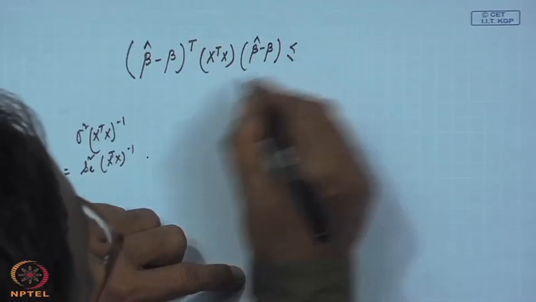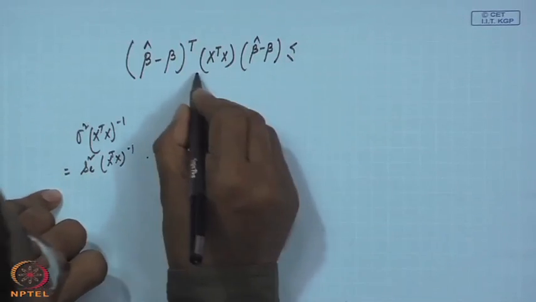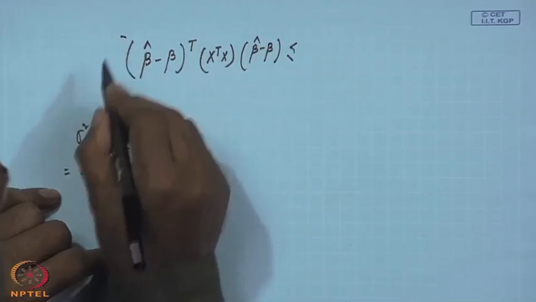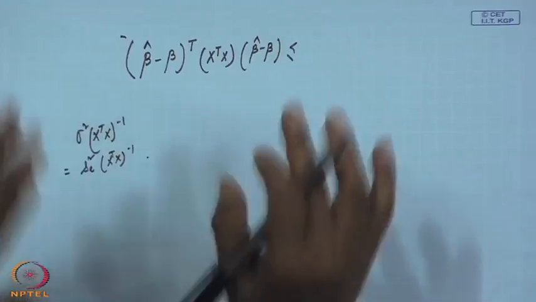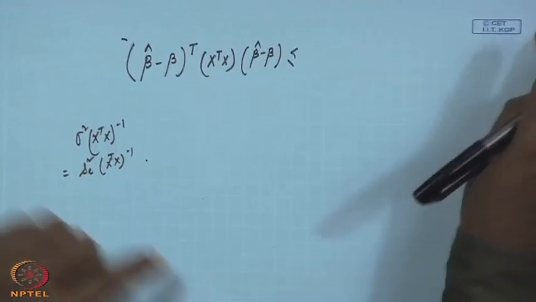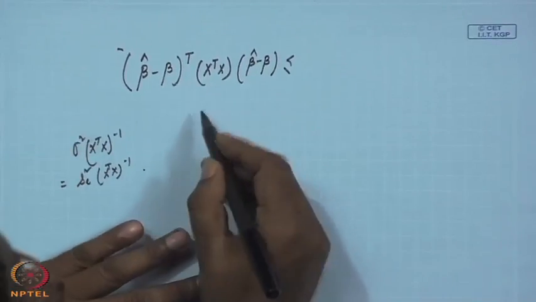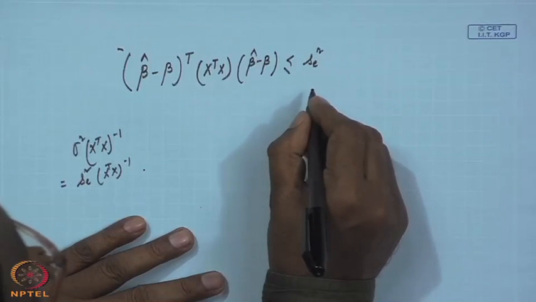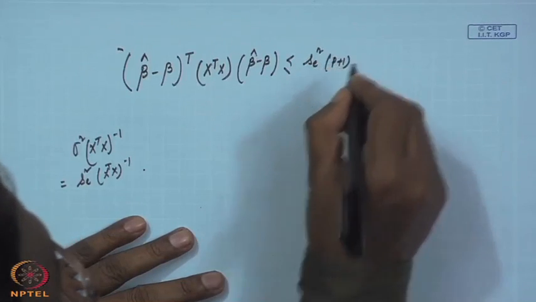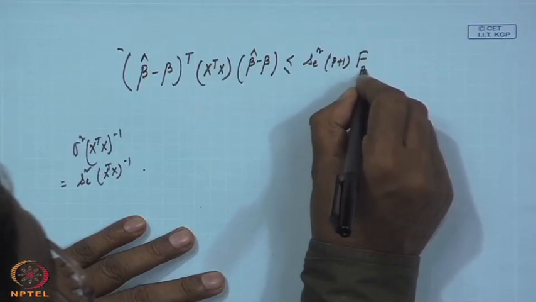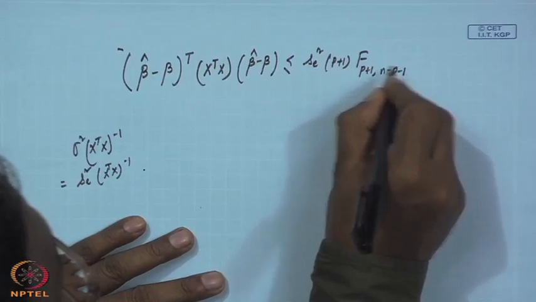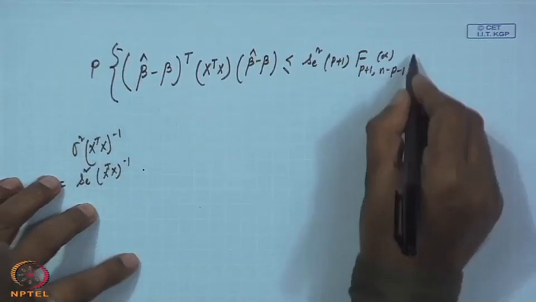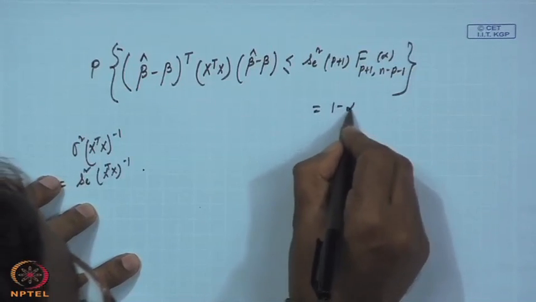Again, it is not a derivation; people may derive it in some different way, but this is the way we will understand it for our application. So this is S square times p plus 1 times F with p plus 1 and n minus p minus 1 degrees of freedom at alpha, and the probability that this quantity will be less than this is 1 minus alpha.